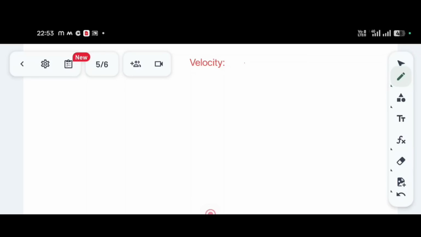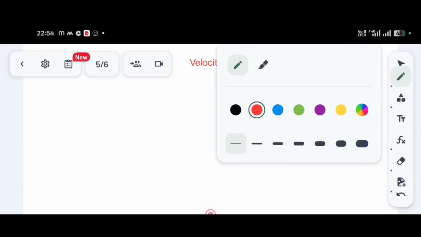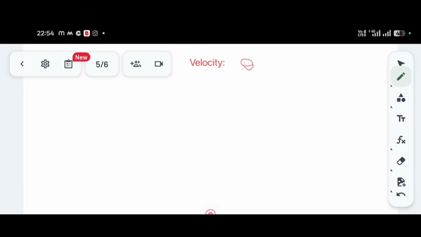What is velocity? Velocity is displacement by time taken. We have average velocity and instantaneous velocity.